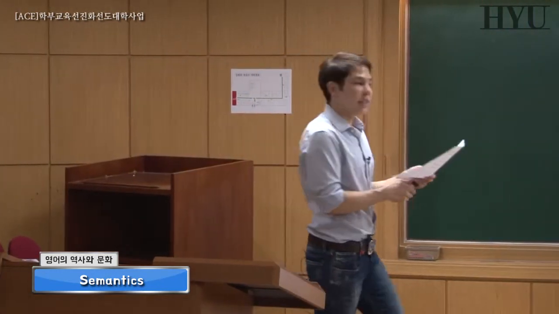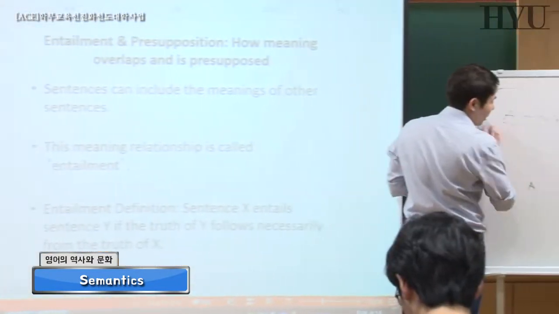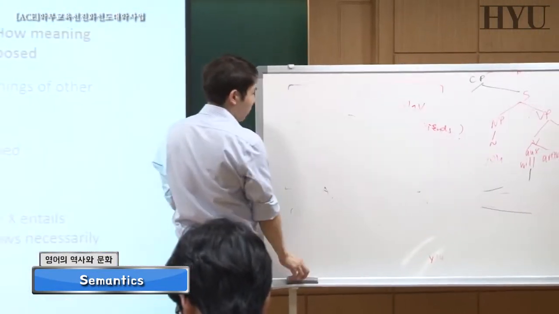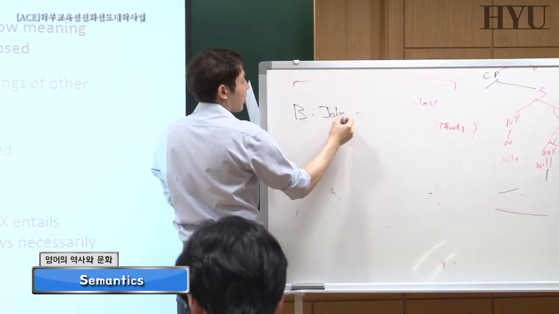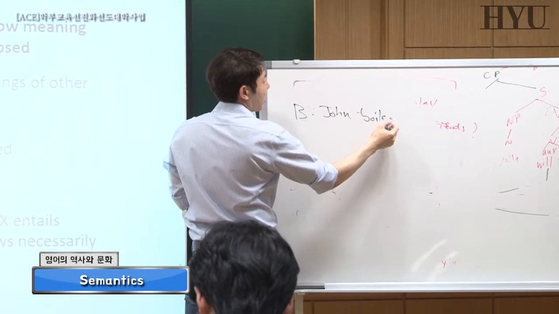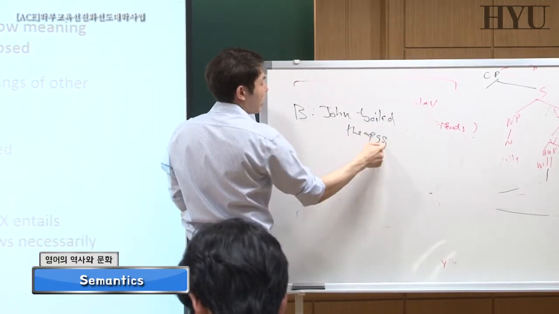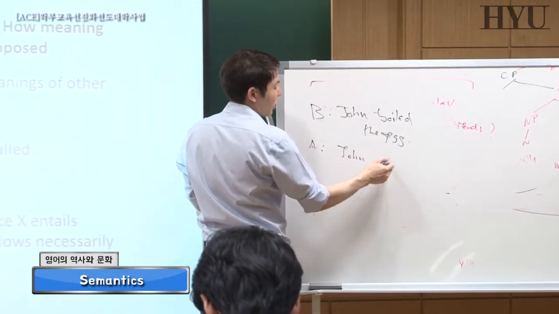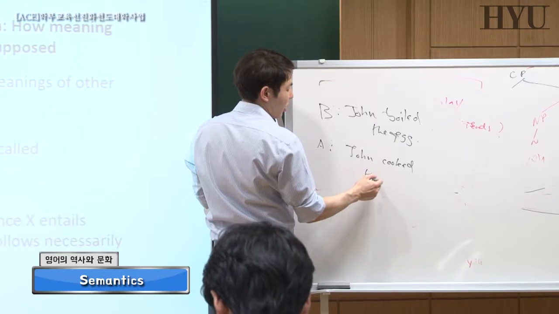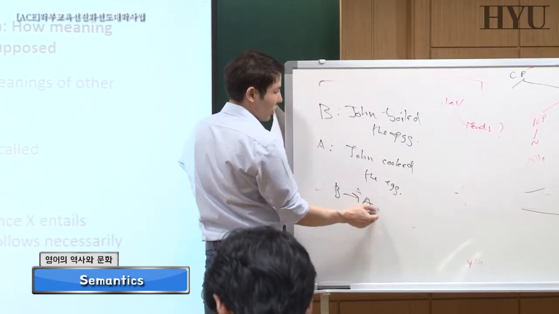But does B entail A? This is not on the handout, we just want to practice this. B, John boiled the egg. Does it always mean that John cooked the egg? So B entails A or not?